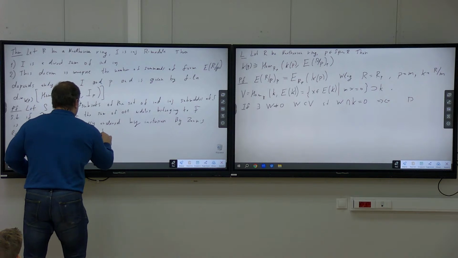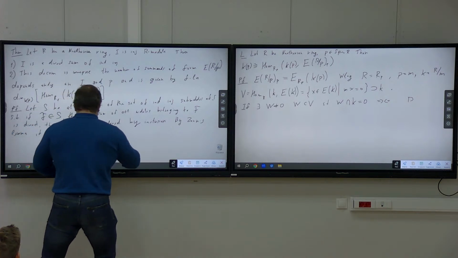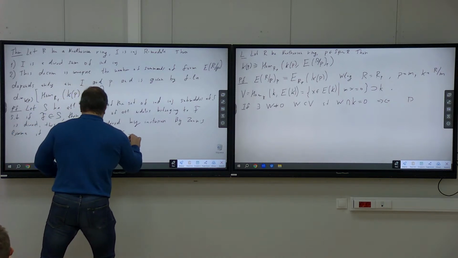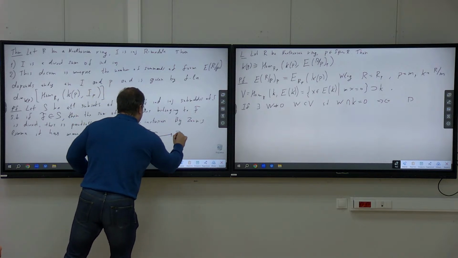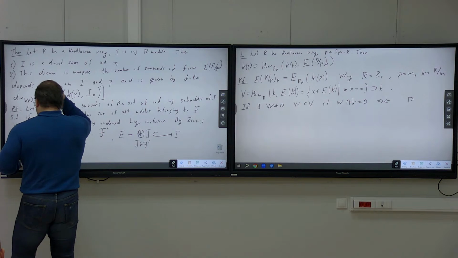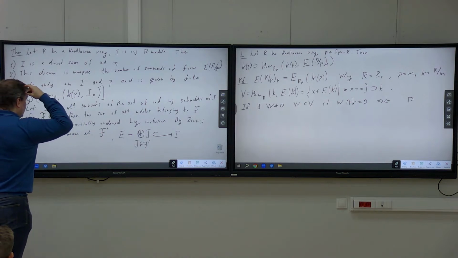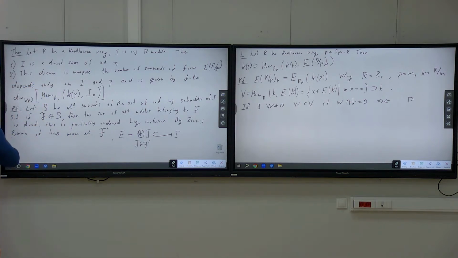Let's say this is F prime, and then we consider E, which will be the direct sum of all J in F prime. This will be a submodule inside I. Since everything is injective, I can decompose I as a direct sum of E and some complement.